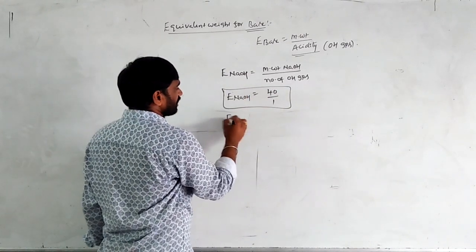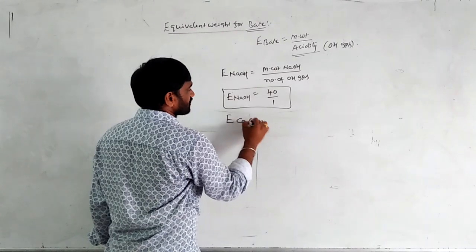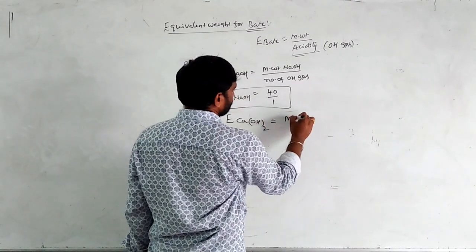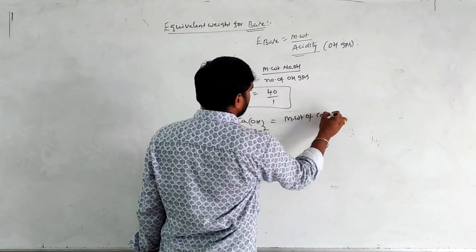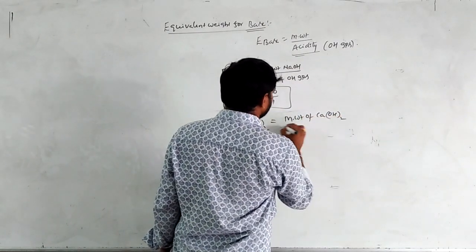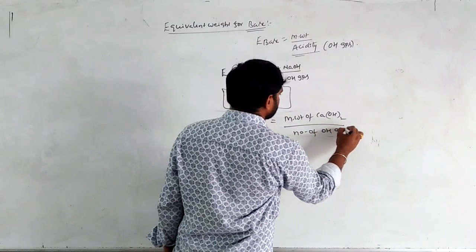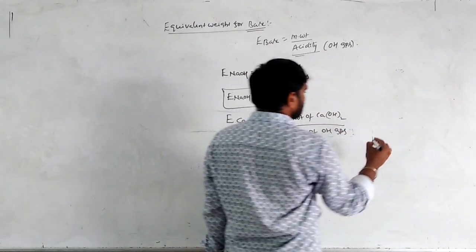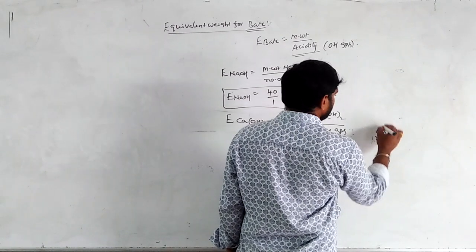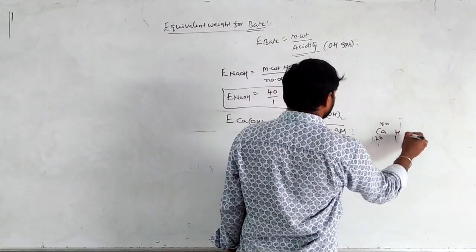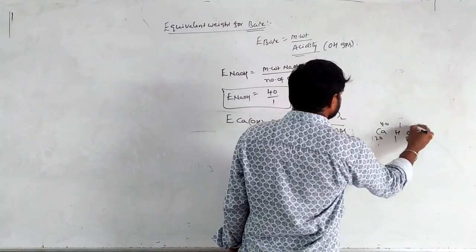For example, equivalent weight for Ca(OH)2 equals molecular weight of Ca(OH)2 by number of OH groups. Molecular weight of Ca(OH)2: calcium atomic weight 40, hydrogen 1, oxygen 16.